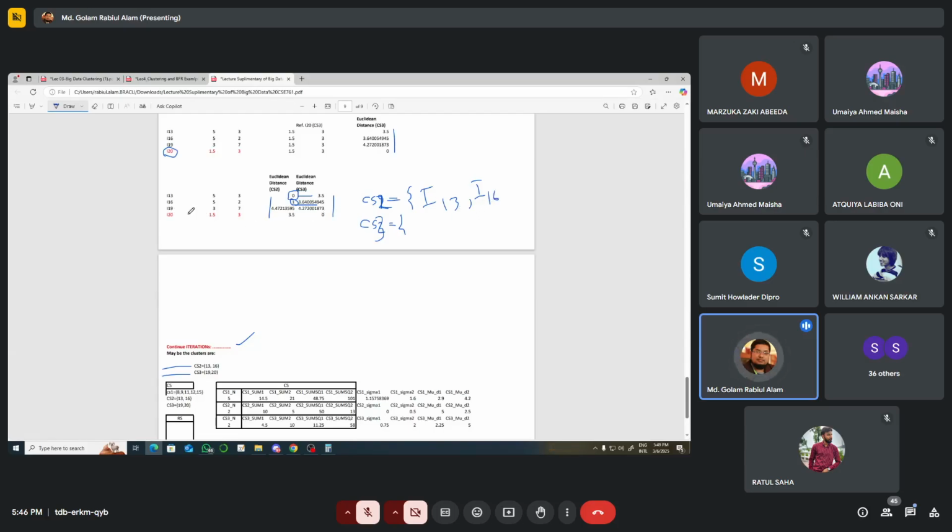Then I19, between these two, which one is minimum? This one is minimum, this is 427, so I have to place I19 here. And then I20, we can see this is the minimum one, so I have to place I20 in CS3.